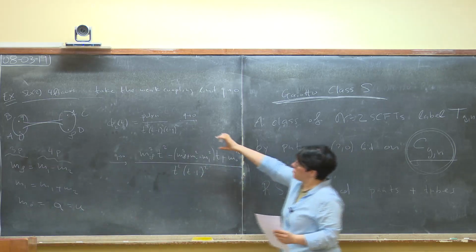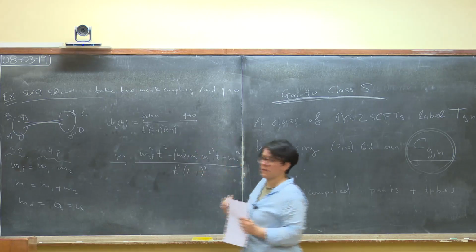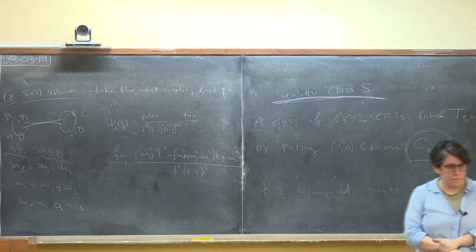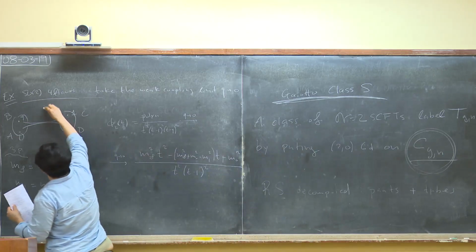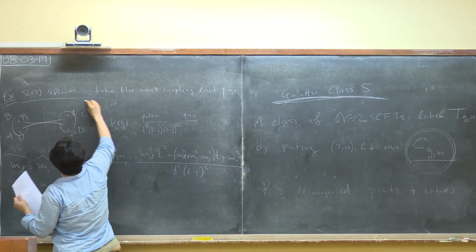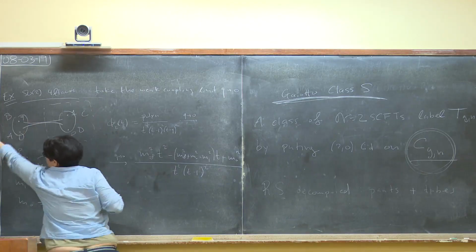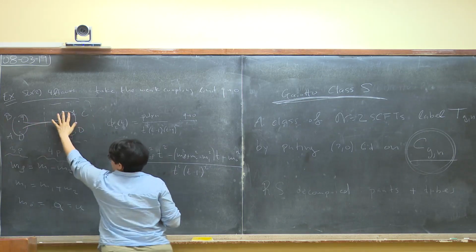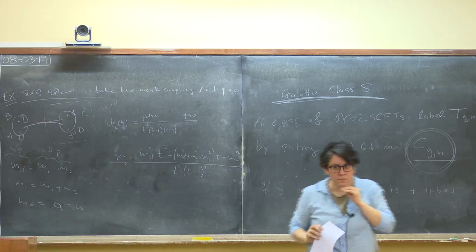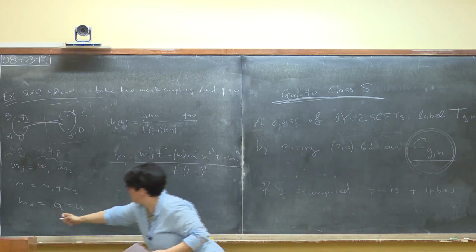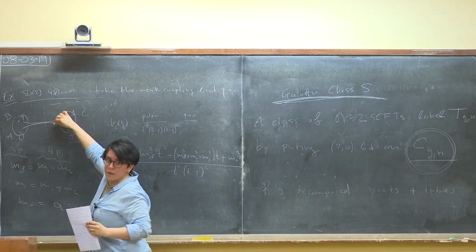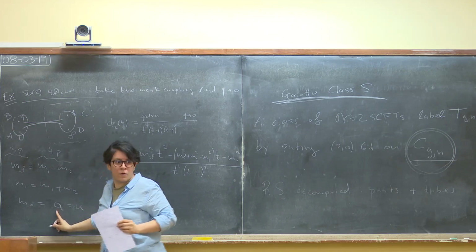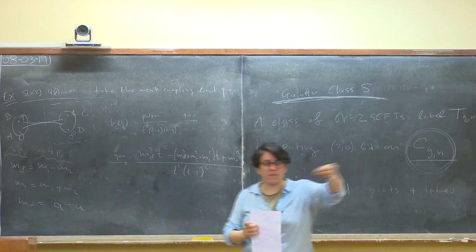So I started with something that has 4 punctures, and I ended up with something that has 3. And this is basically this part. So now when I took this limit, I lost this part of the curve, and I stayed with this one. And also look at this object that is corresponding to this thing. It came from the Coulomb moduli, which becomes now engaged.